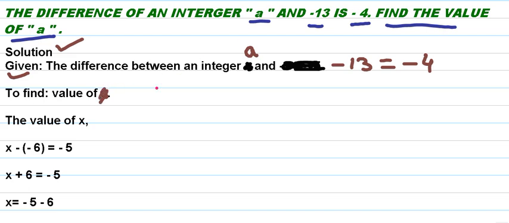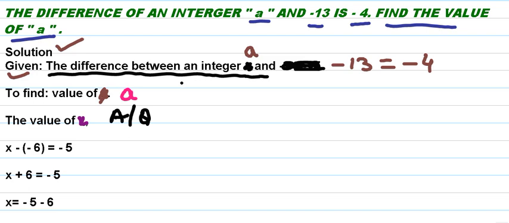The value of a. So we write, for a, the value of a. Someone may write here according to the question, or we can write according to the above statement which we have written. So you can write like this.